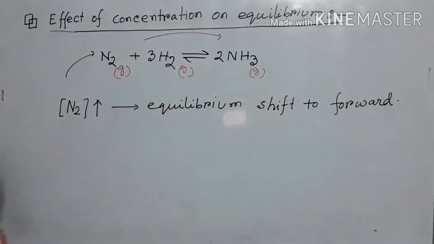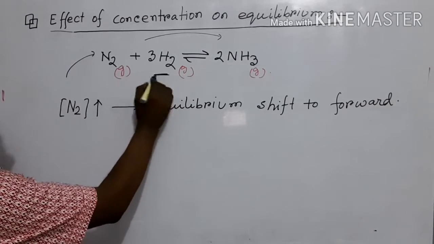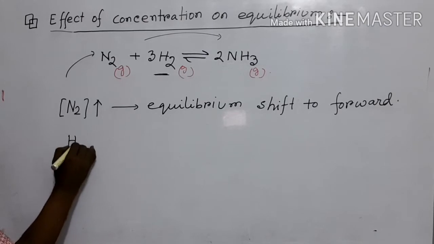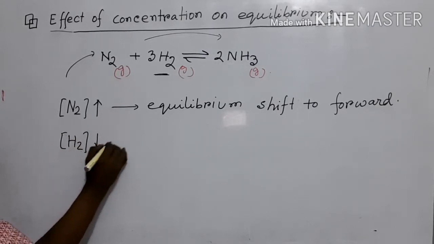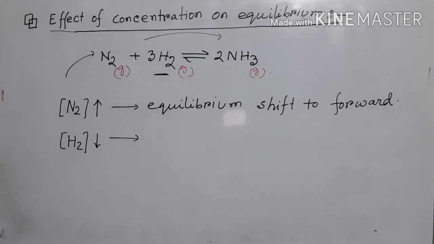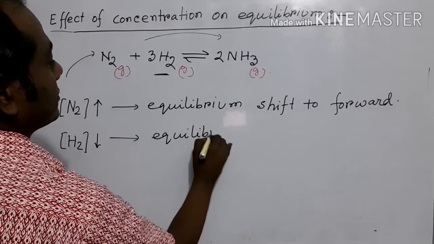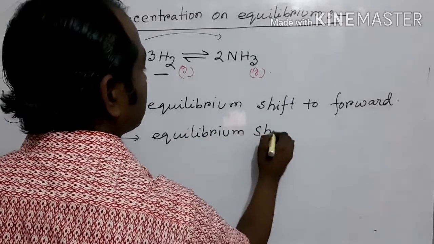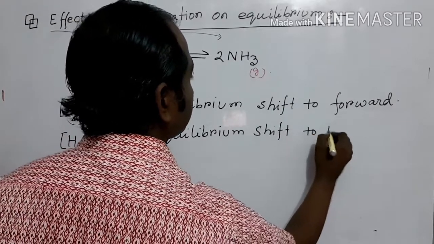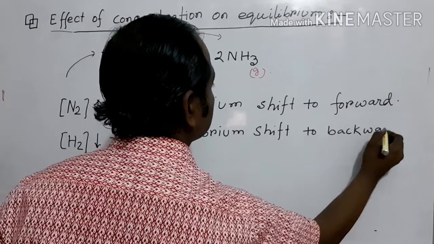Again, if we decrease the concentration of hydrogen at equilibrium, then also the equilibrium is disturbed, and equilibrium will try to undo the change, and shift to the backward reaction to increase the concentration.